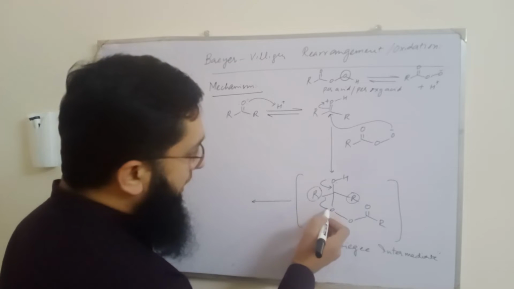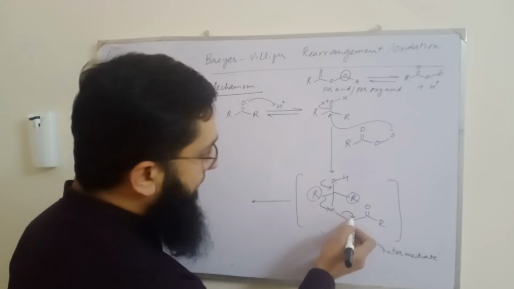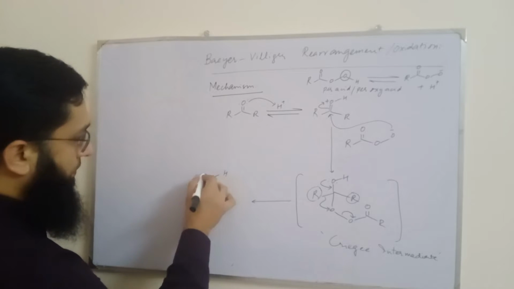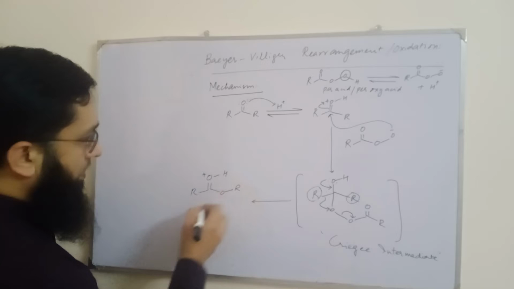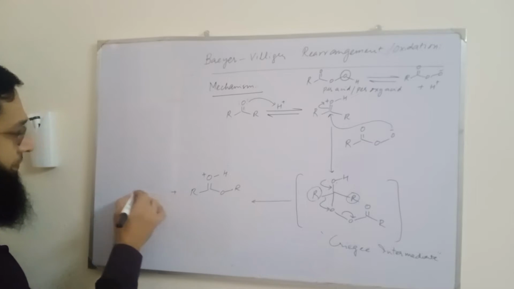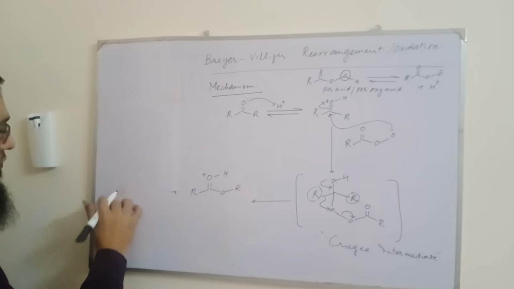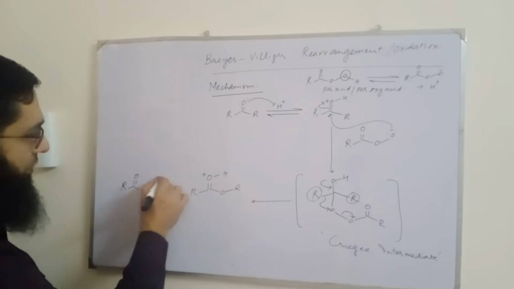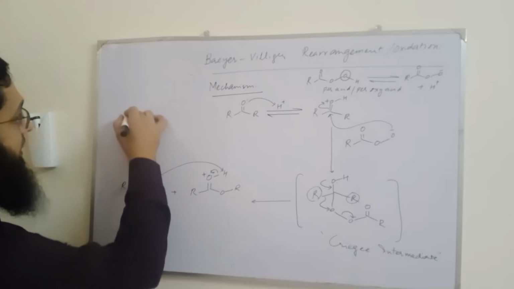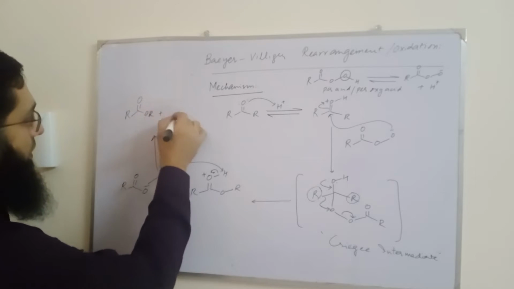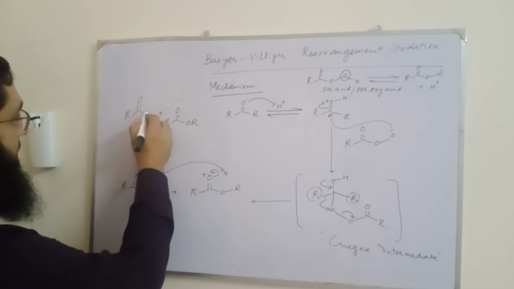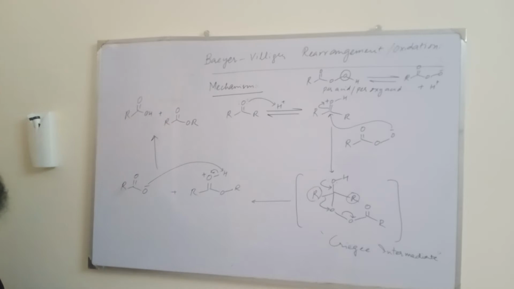So this group would migrate here, and this bond would be broken, and as a result we would get this one plus RCOO negative, and this would take the proton, and finally we will get ester and the corresponding acid. So this is the mechanism of the Baeyer-Villiger oxidation.